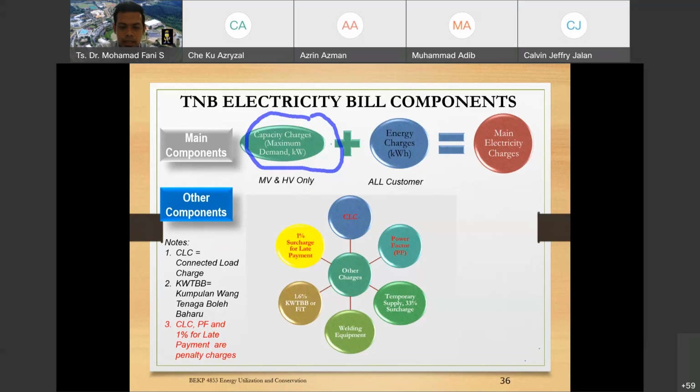And the last component, if applicable, is a 1% surcharge for late payment. If the payment is made late by the consumer, this 1% will be charged to the electricity bill.